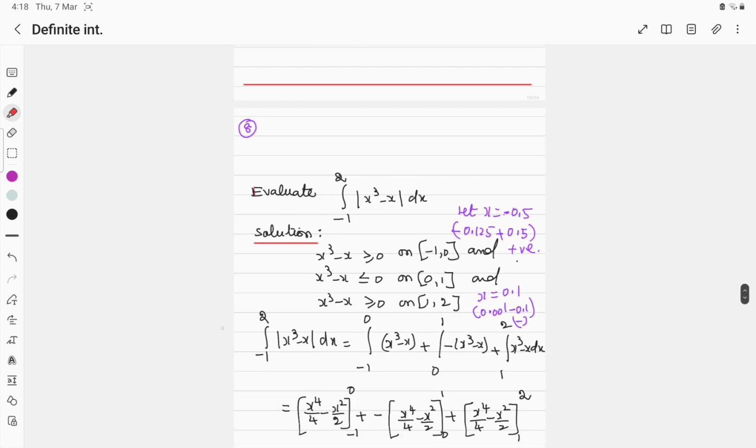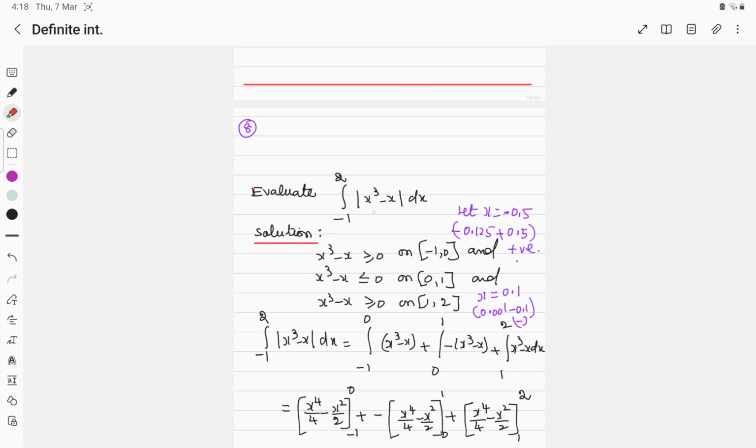Eighth question. Here, the integral from minus 1 to 2 of the absolute value of x cube minus x dx. Here they have given absolute value. So for absolute value, we have to take positive and negative values for this one.